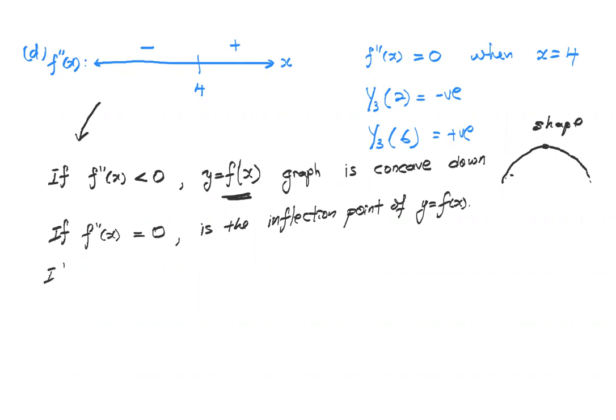If f double prime x is greater than 0, y equal to f x graph is concave up. We also call it convex.